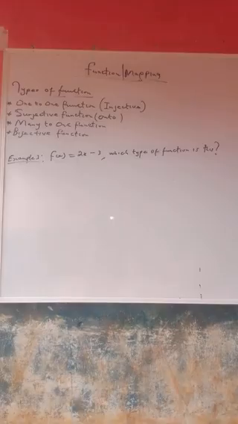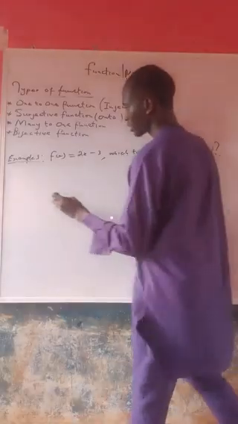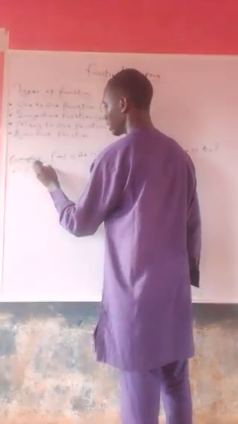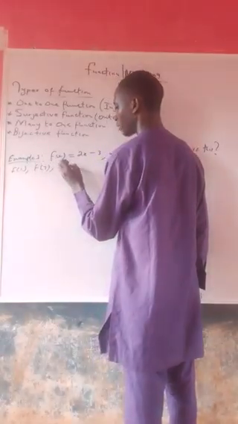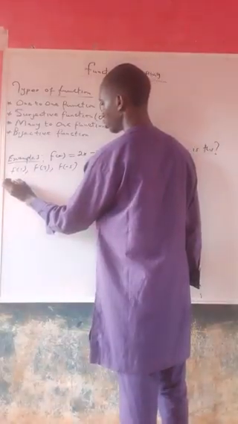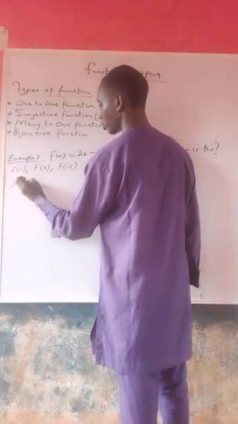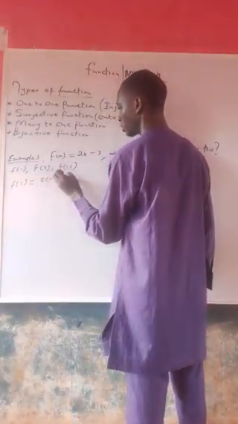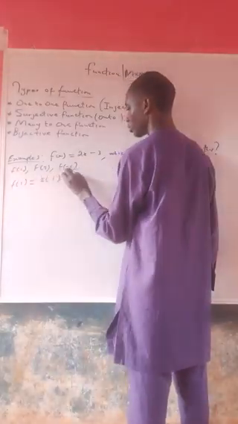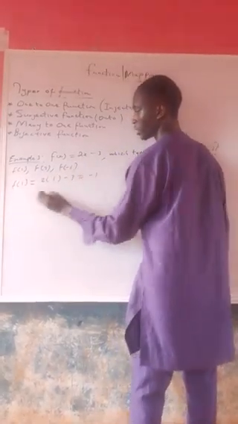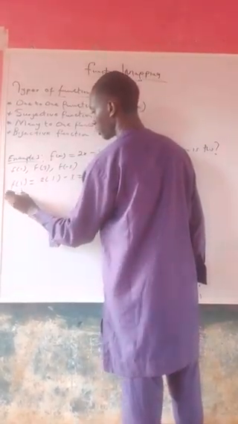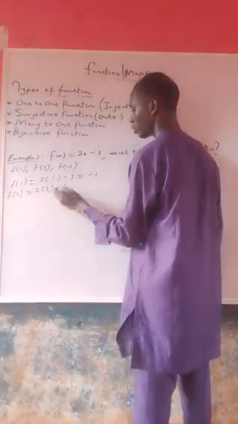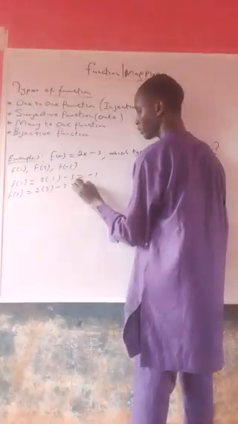Alright, we can decide to pick any number. That is, let's make use of f of 1, f of 3, f of negative 5. So f of 1 will give us 2 into 1 minus 3, which is equal to negative 1. f of 3 will now give us 2 into bracket 3 minus 3, which is 6 minus 3, which is 3.